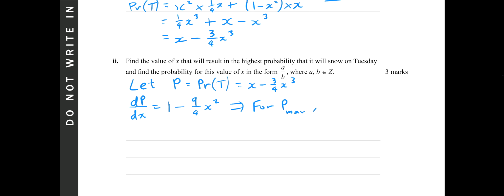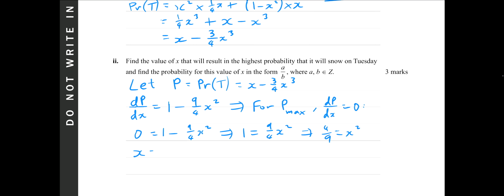So for p max, we want this derivative, dp dx, to equal 0. So 0 equals 1 minus 9/4 x squared. This will be 1 equals 9/4 x squared, or in simple terms, 4/9 equals x squared.